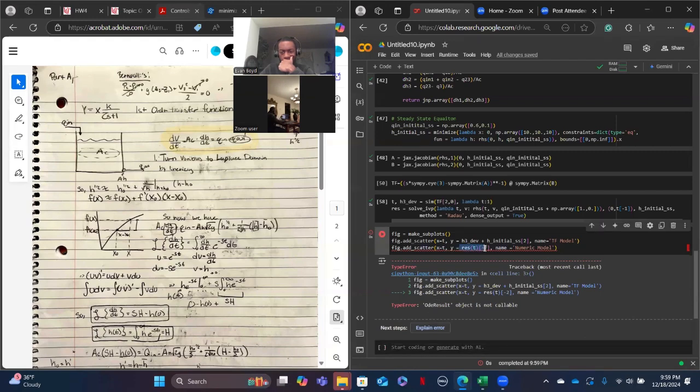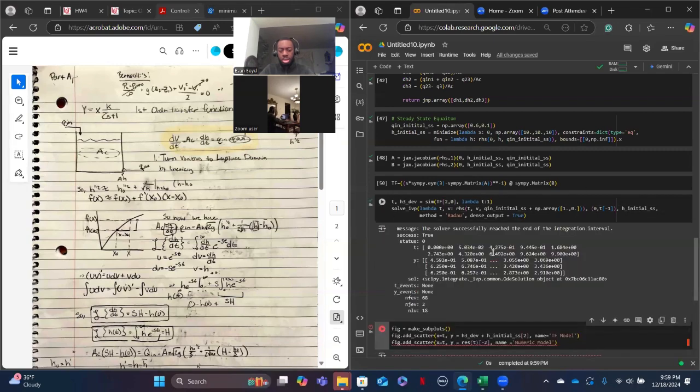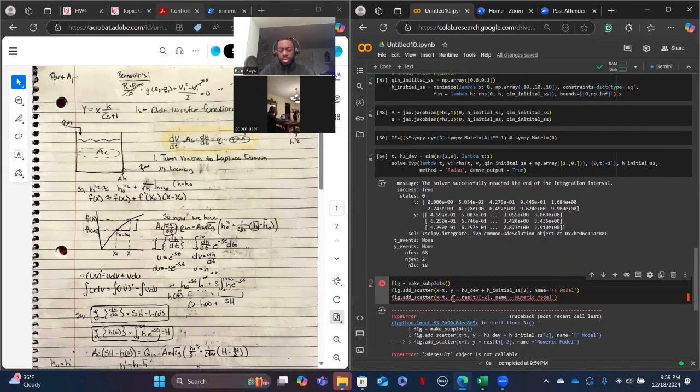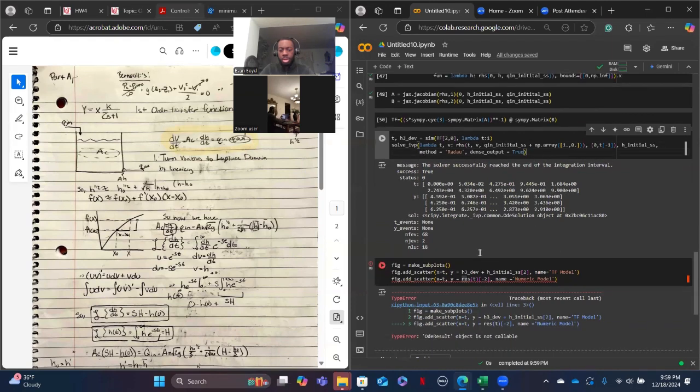I know some people do something like this. What's the problem? Let me just not do this. Let me do solve. Let me just do solve. Let me do dot T, and then, no, not dot T. Let me just do solve.